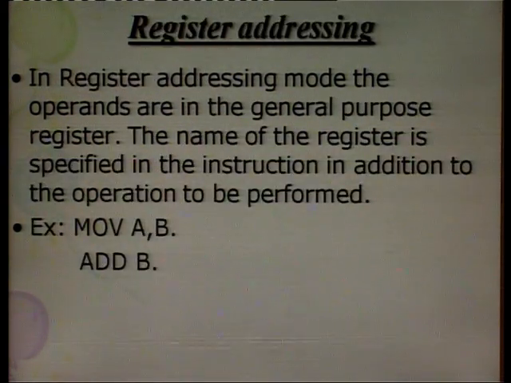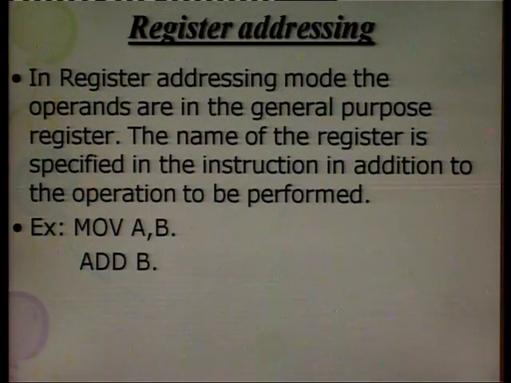Next, we have register addressing. In register addressing mode, the operands are in the general purpose registers. As I have mentioned earlier during my lecture, and hope my students also know, there are 6 general purpose registers and 1 accumulator.